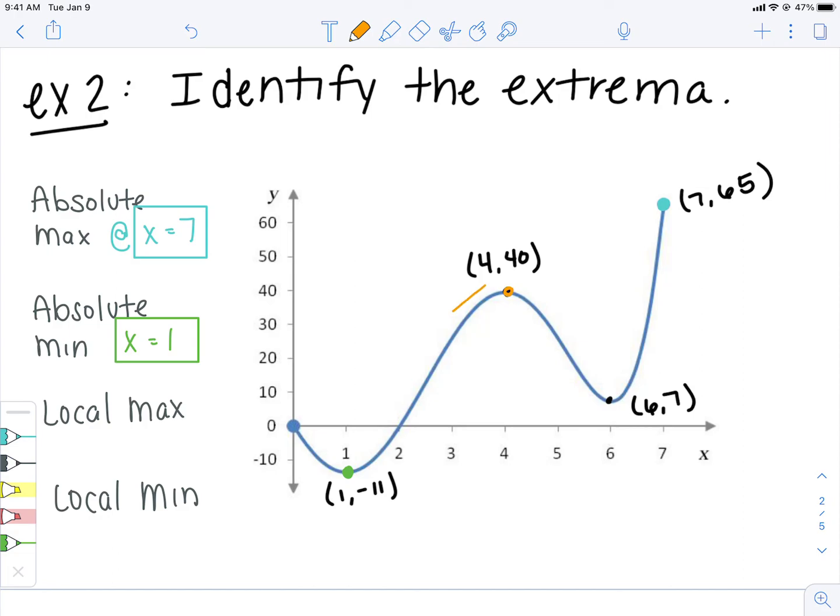Because I'm traveling up and then I'm traveling down. So that's definitely a local max. I can't include 7 because, although I'm going up at 7, I don't know what's happening after that because there's no more graph. So I might not be going down. I could still be going up. So I'm only going to use 4. My local max is at x equals 4.